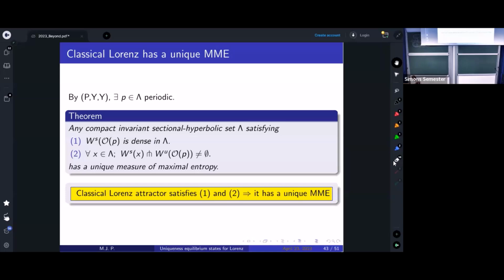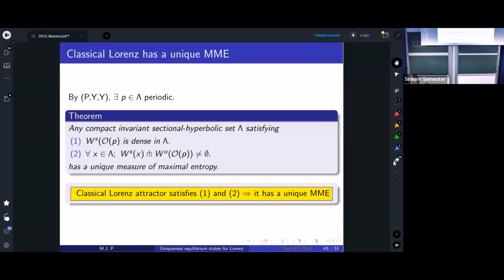We had proved before that given a sectional hyperbolic attractor, an invariant set of a flow, then there is a periodic orbit contained in this attractor. And we proved that any compact invariant sectional hyperbolic set Lambda, satisfying that the stable orbit of this periodic orbit is dense in Lambda, and for any x in the attractor, the stable manifold of this point intersects transversally the unstable manifold of the periodic point, then this set has a unique measure of maximal entropy.